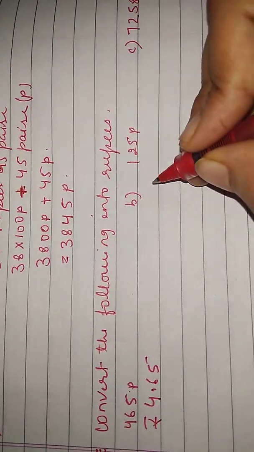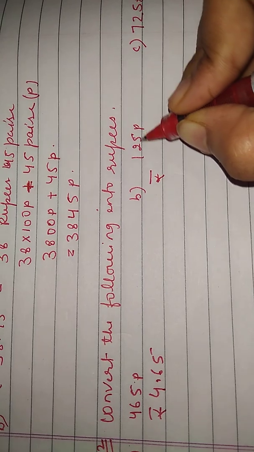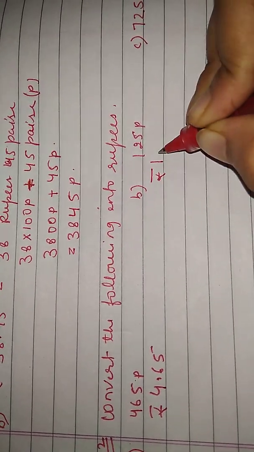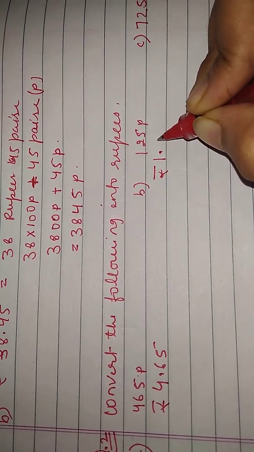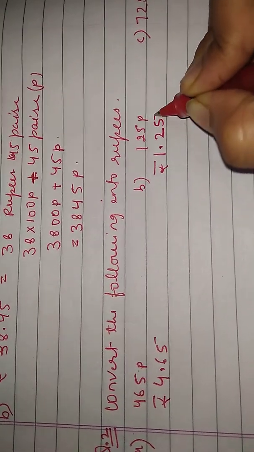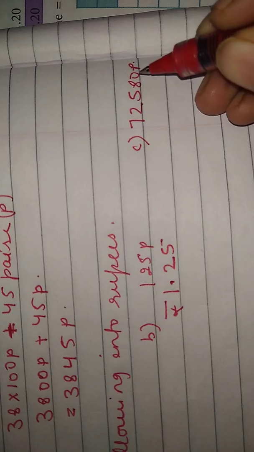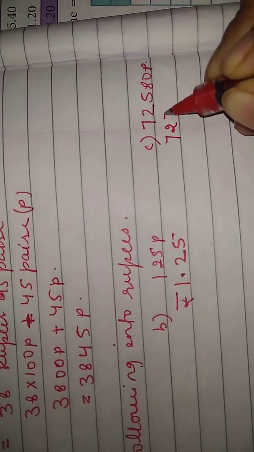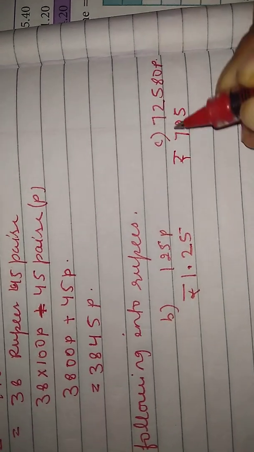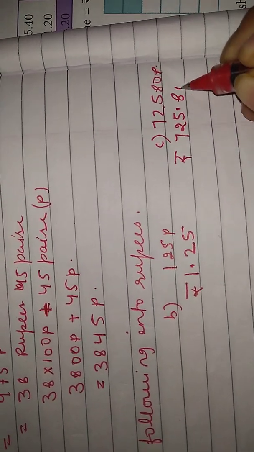Now look here, this will become rupees, we will put the dot here, so 1 and 25 paise. Now this will become 725 rupees and 80 paise.